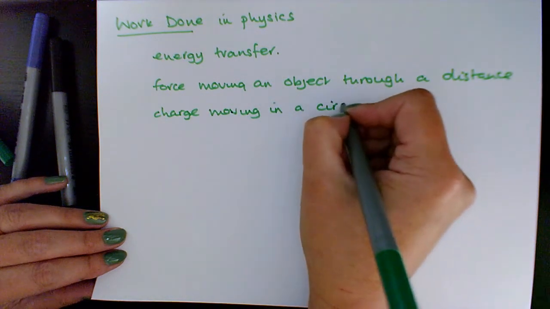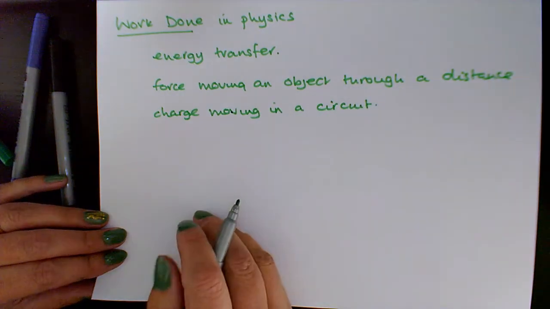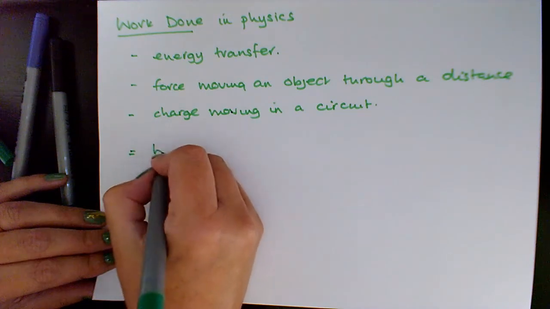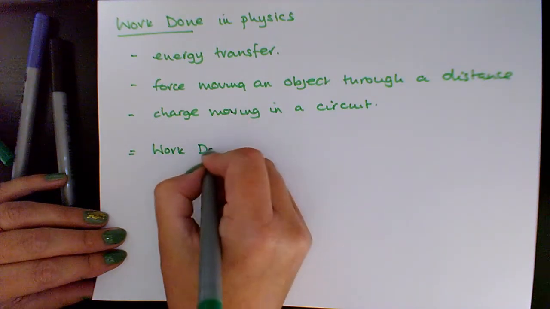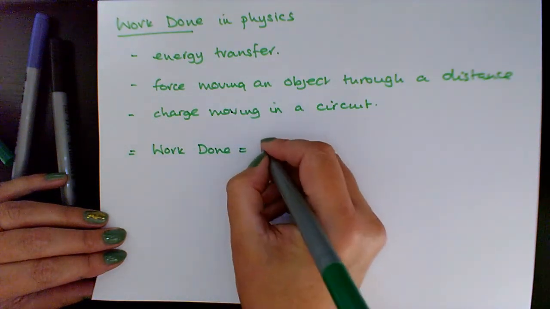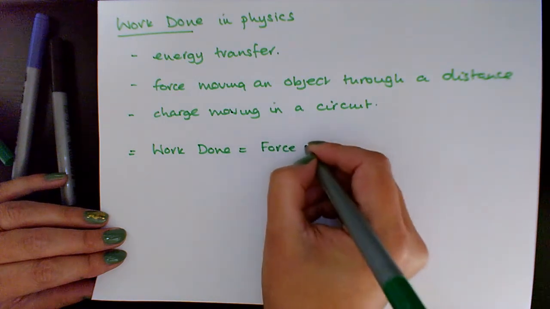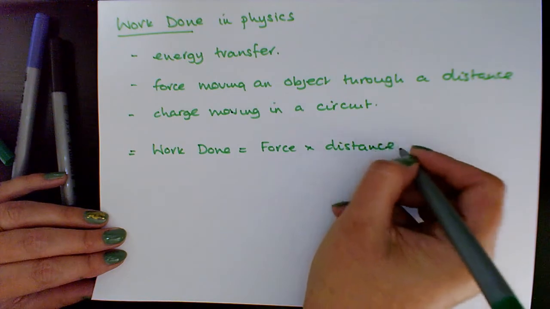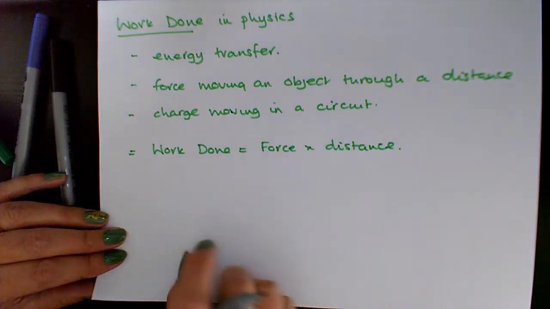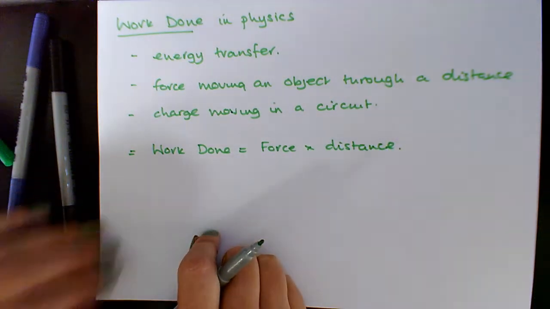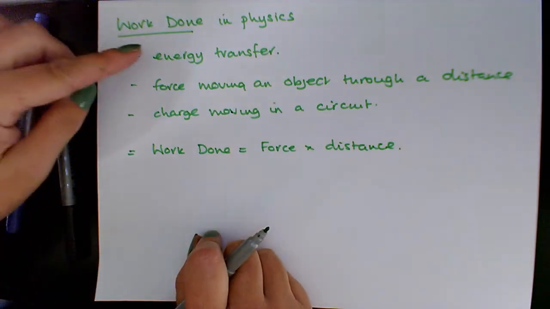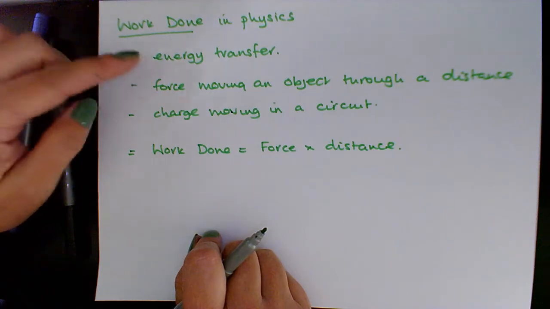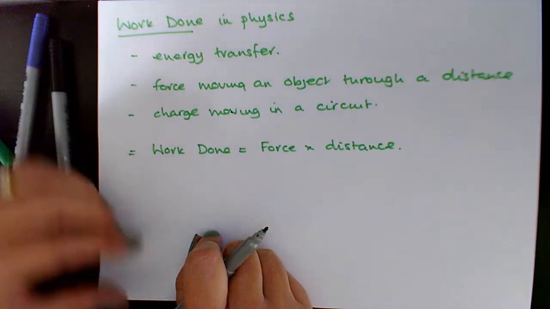And that means that we can actually define this term work done mathematically. So work done is equivalent to force times distance. But we will come back to that in a later lesson. And the thing to remember here is that work done is always an energy transfer. How much energy has been moved from one place to another.